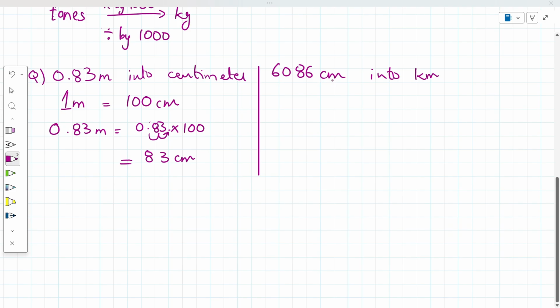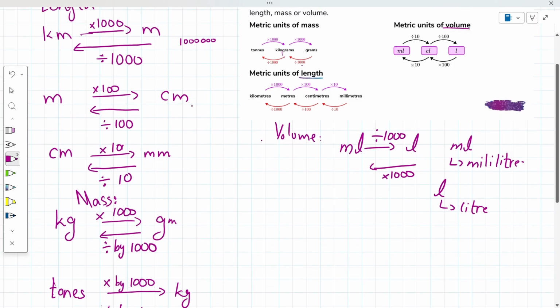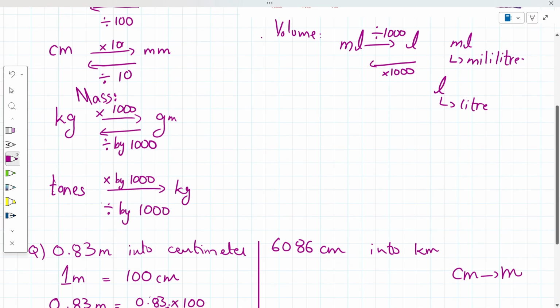For converting centimeter into kilometer, we first move centimeter into meter. Centimeter to meter, we divide by 100.